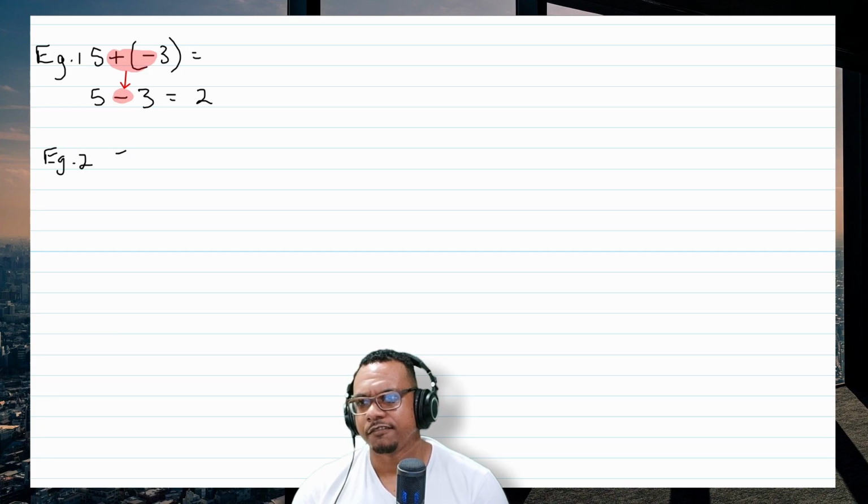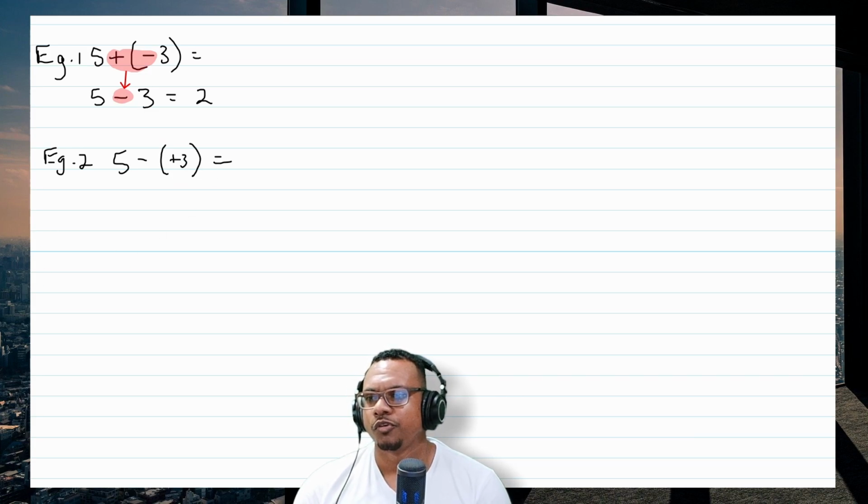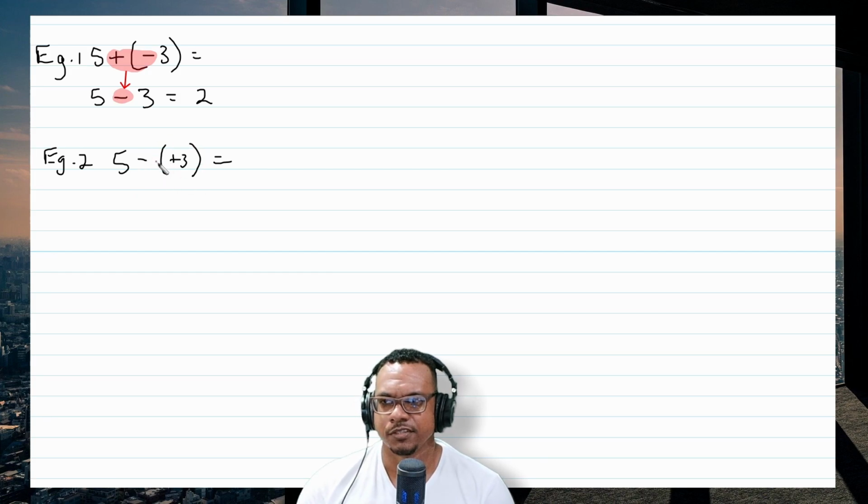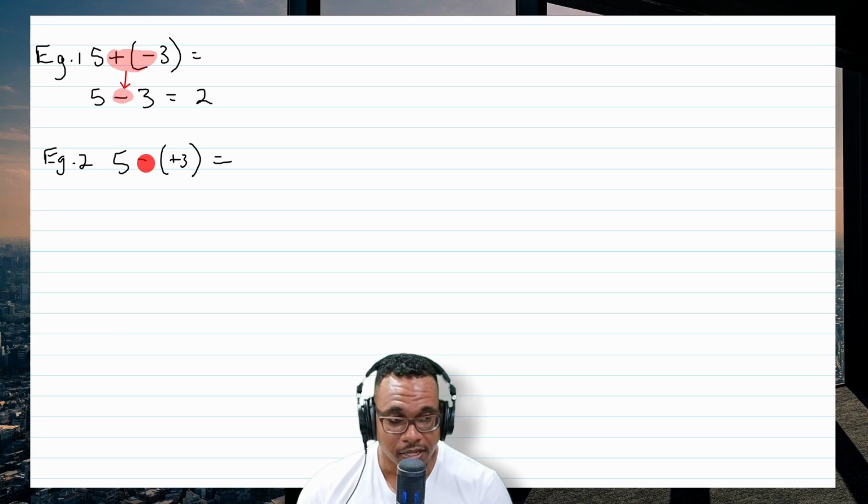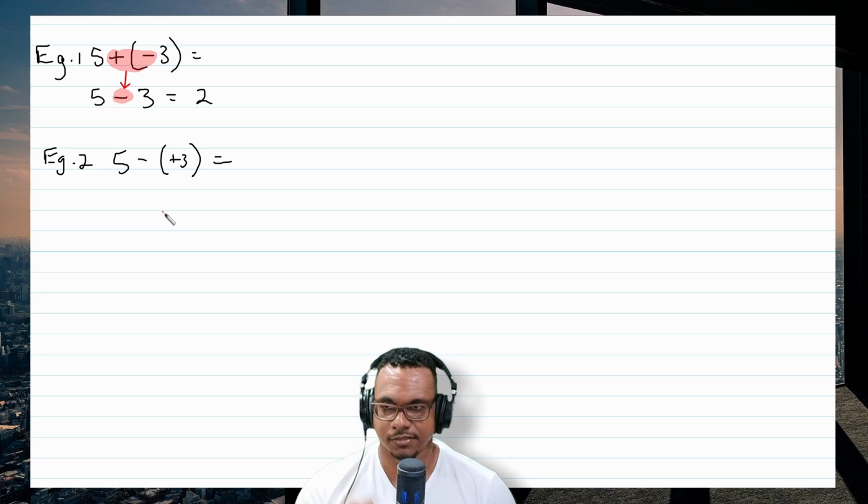All right, example 2. If I have 5, take away, and instead positive 3. Like that. Now, remember, I'm using the brackets to separate these two signs. And these brackets would suggest that this sign has been multiplied by this one. Okay, that's maths. Whatever is outside the brackets is being multiplied by whatever is inside the brackets. That's a general rule in mathematics, right? So you multiply the negative sign with a positive sign. Again, the signs are different.